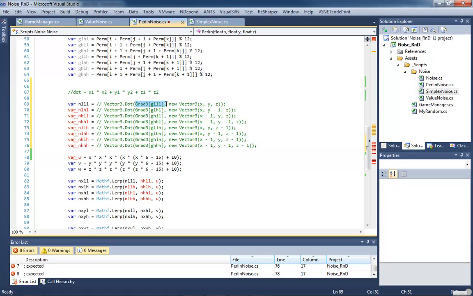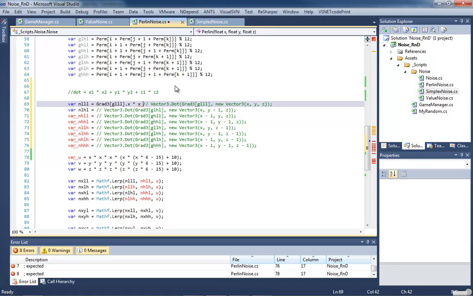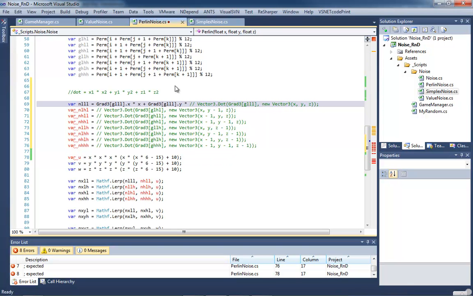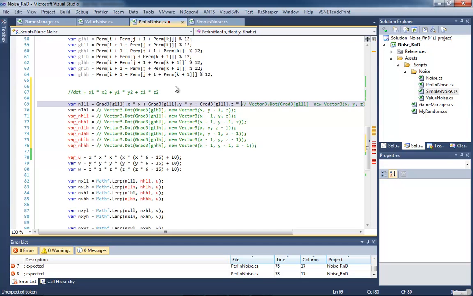So we're going to start off with the first vector, which is this grad3 GLL. We're going to get its x, multiply it by x, add to it again, but this time its y term, multiplied by y, and add to that its z term, multiplied by z.